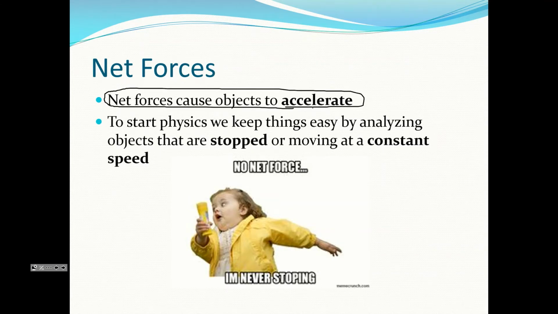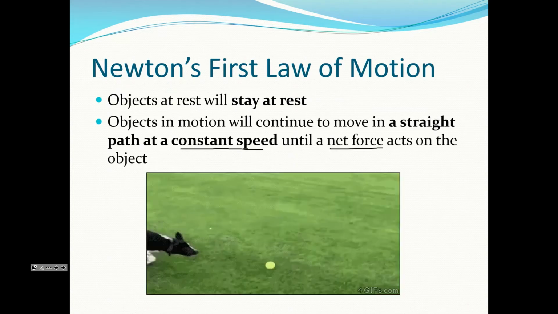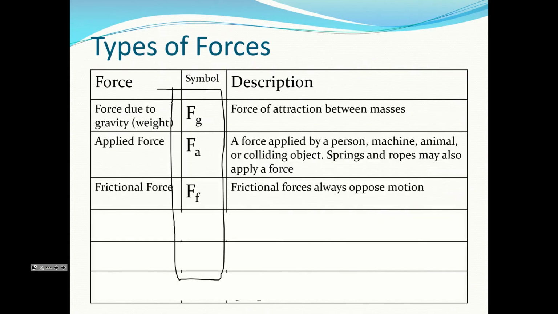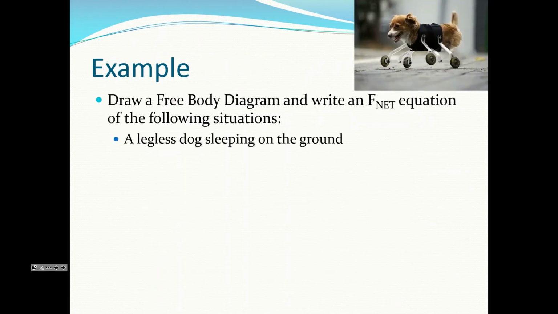If I'm moving at a constant speed, it means I'm not accelerating. And everything that we're doing is at a constant speed to start. We don't talk about any acceleration. So if I'm not accelerating, I don't have any net force, which means when I draw my free body diagram for this question, it's got to be the same size.